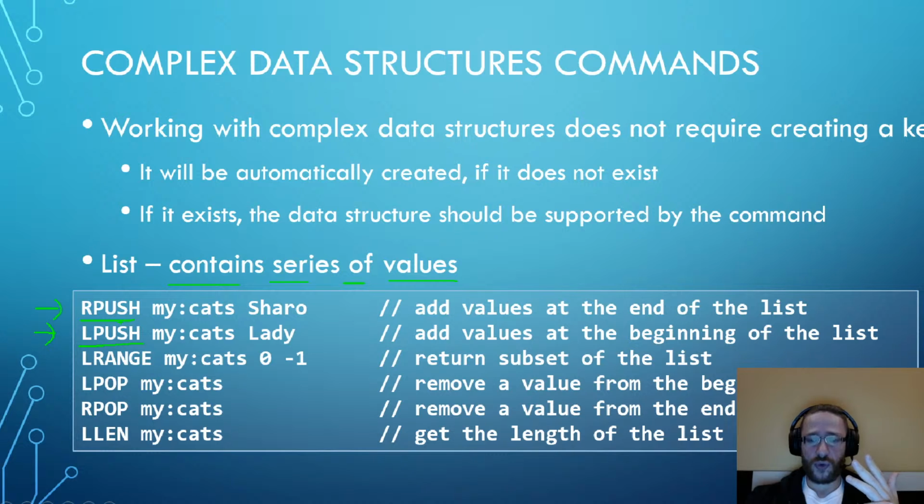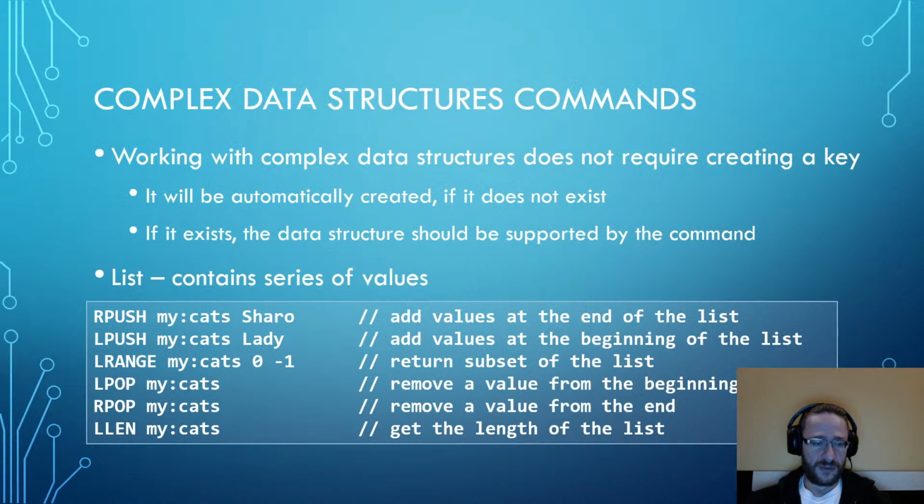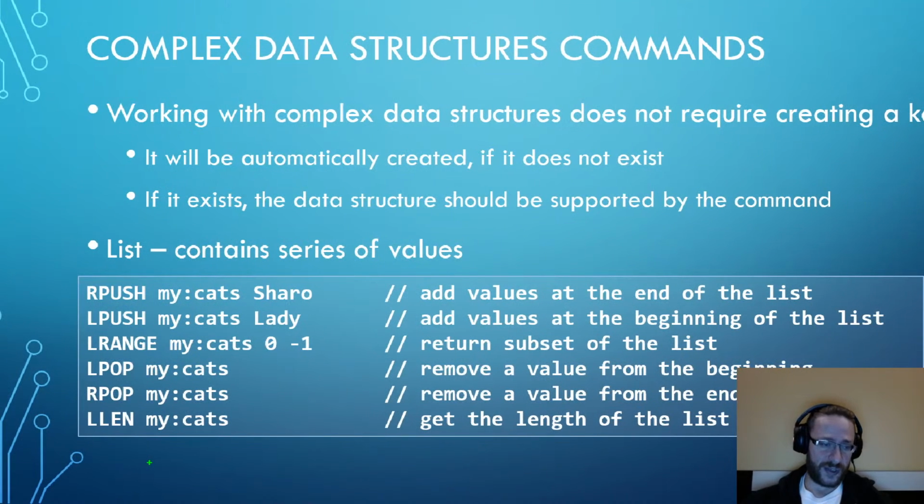Right push will add a value at the end of the list and left push will add a value at the beginning of the list. But it's just a normal sequential data type. So when you say right push, it will be added here, and when you say left push, it will be added here.